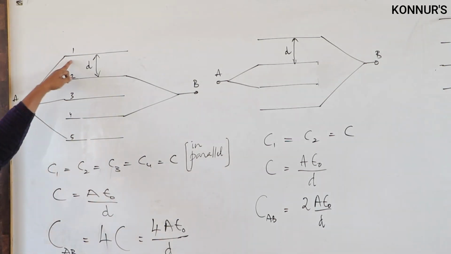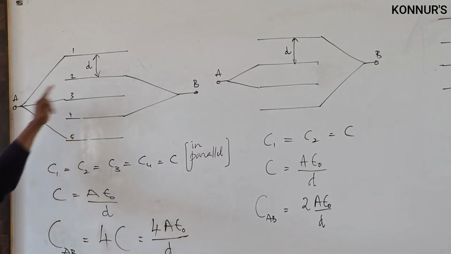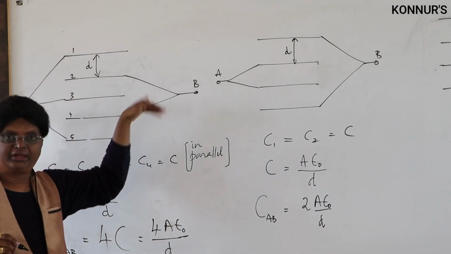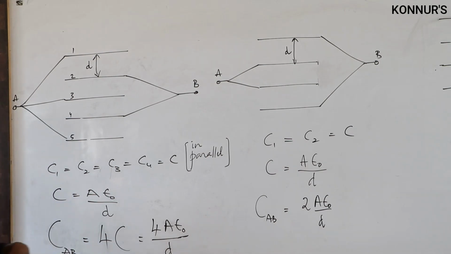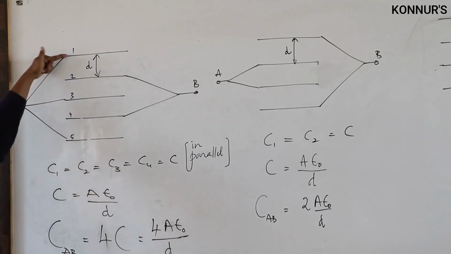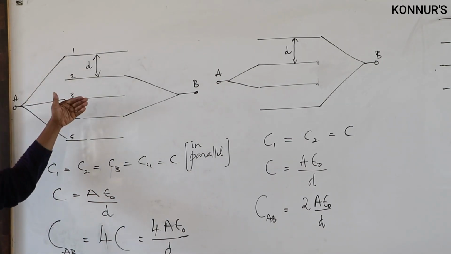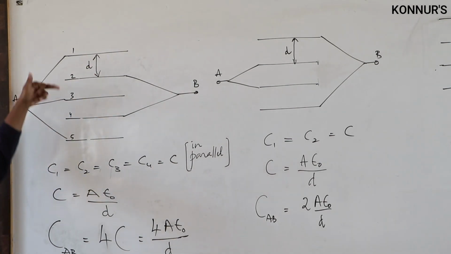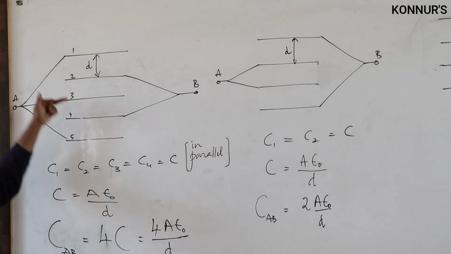Plates 1, 3, 5 are connected to the point A, and 2 and 4 are connected to the point B. Alternate plates. Now what do you observe? 1 and 2 are two plates, parallel, with separation and also PD between them. Similarly 2 and 3, you will find PD, 3 and 4, yes, and 4 and 5.